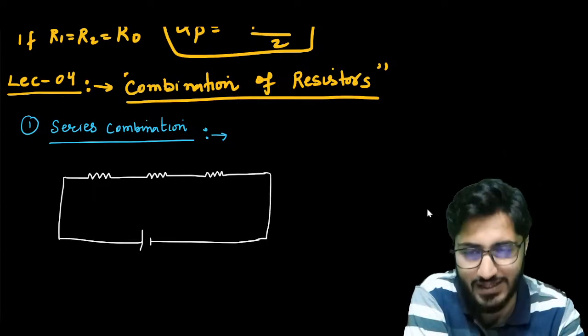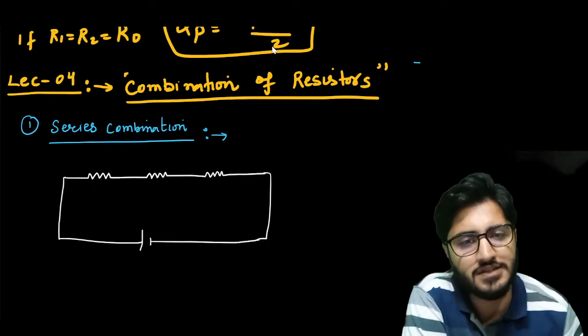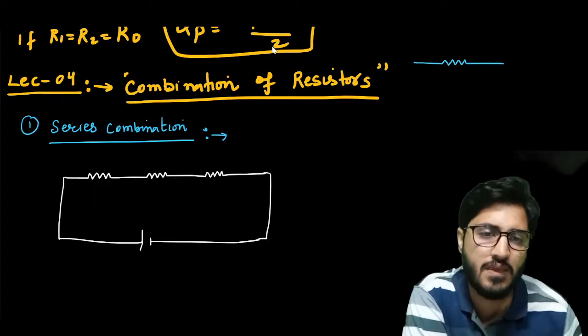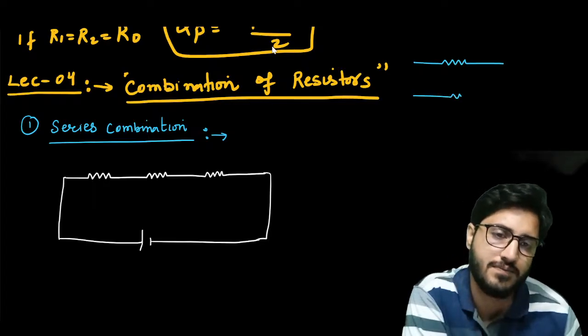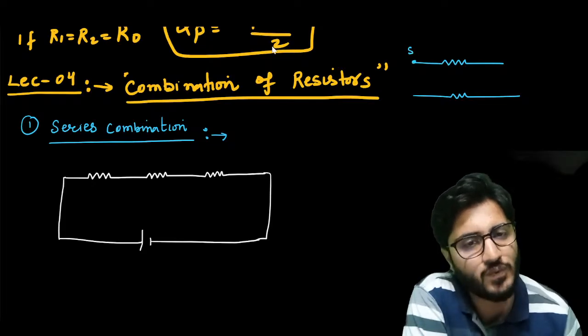Series simply indicates the following. This is my first resistor and this is the second resistor. This is the starting point of the first one, and this is the end point.